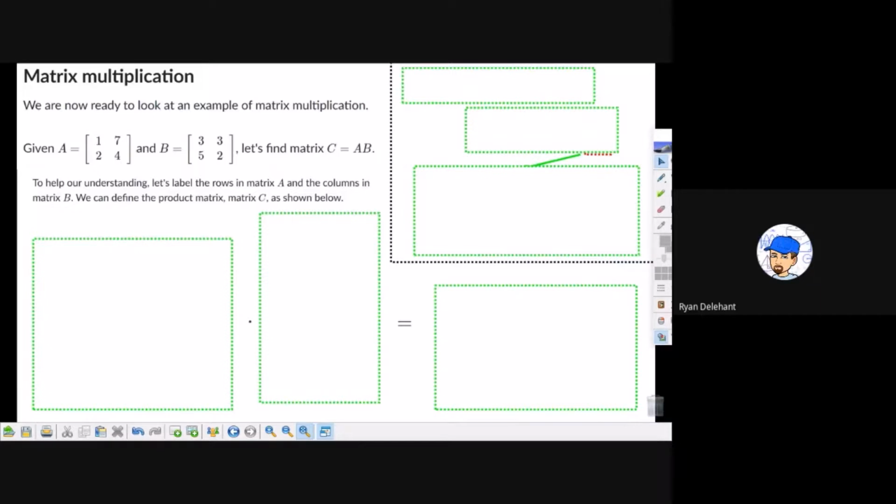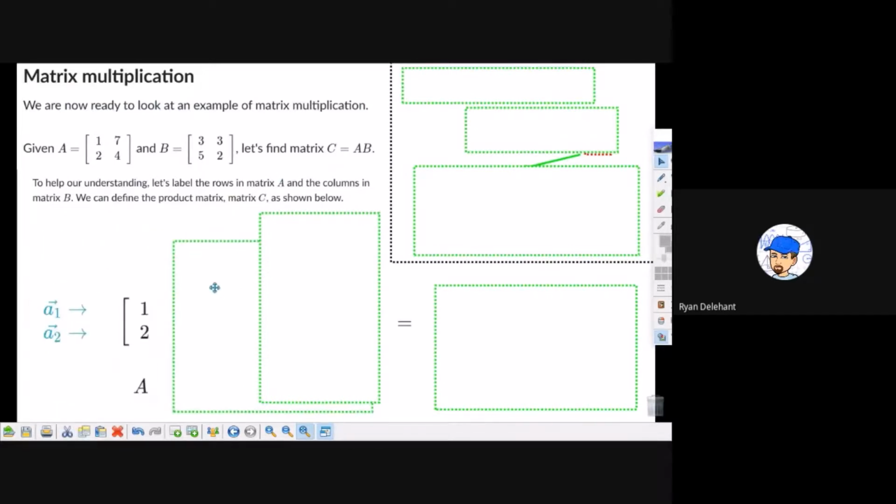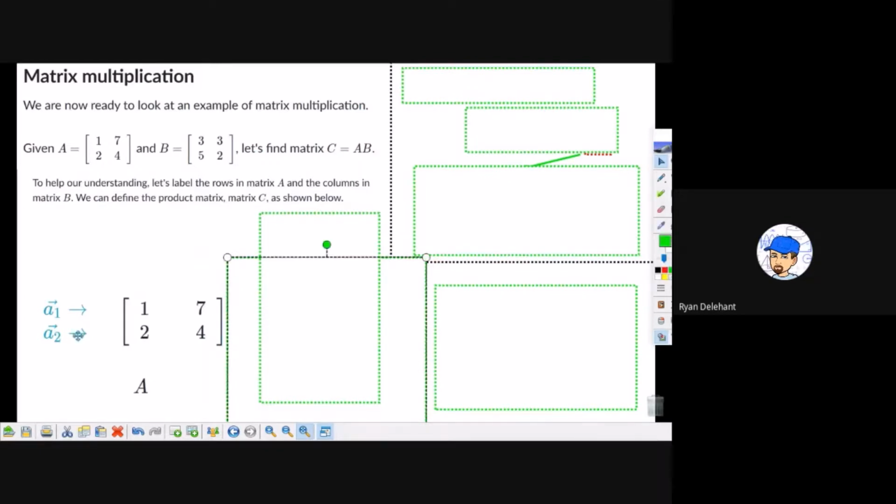To help understand how this works, we're going to denote the rows and columns in them. For A, I only care about the rows in the first one. So this is row A1, this is row A2.